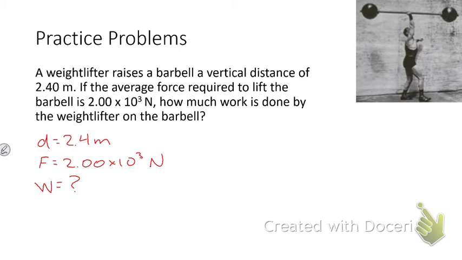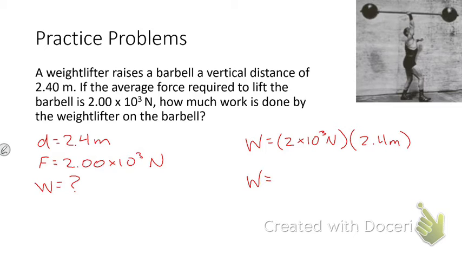Well, we already talked about work being moving a force a distance. This weightlifter is doing work by applying a force of 2 times 10 to the 3 newtons a distance of 2.4 meters.